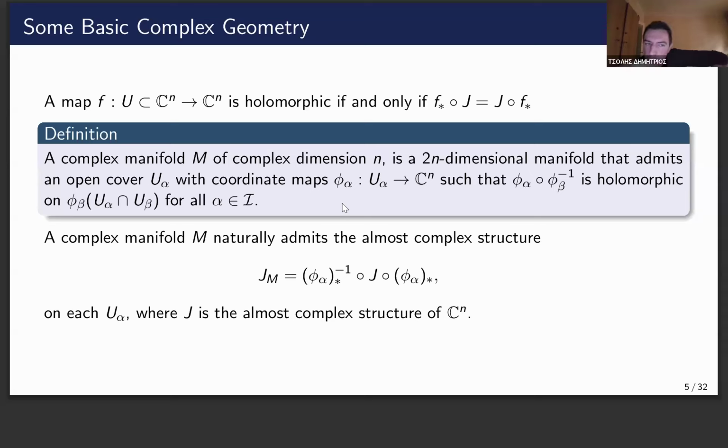A complex manifold naturally takes the complex structure from the complex plane, and more generally C^n, by using this relation: take the push forward of the inverse and compose it with J, and then with the push forward of the coordinate maps.